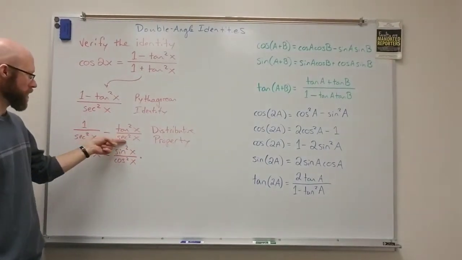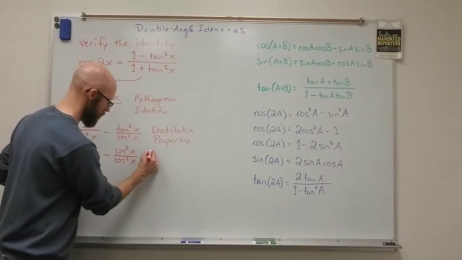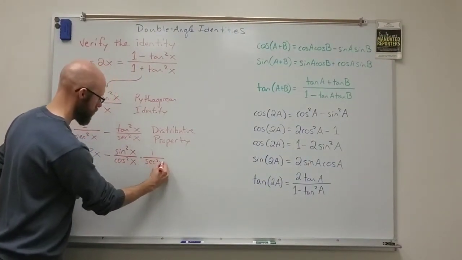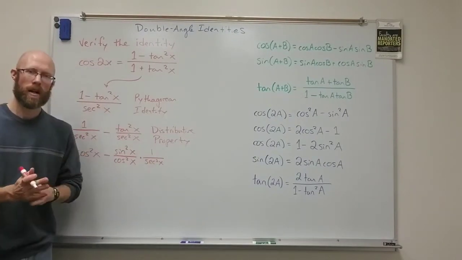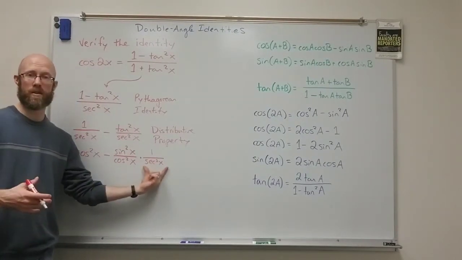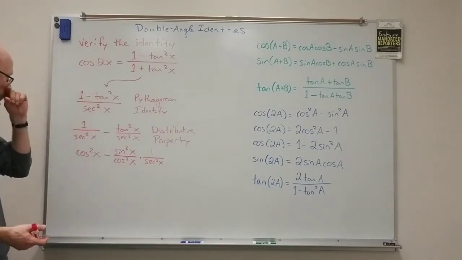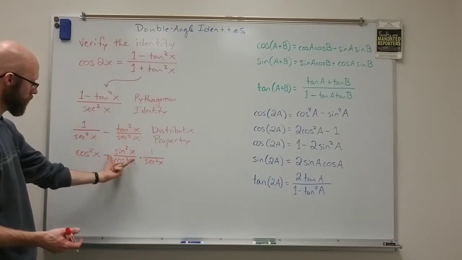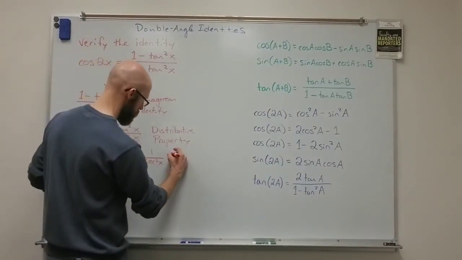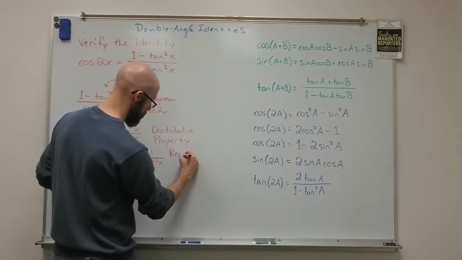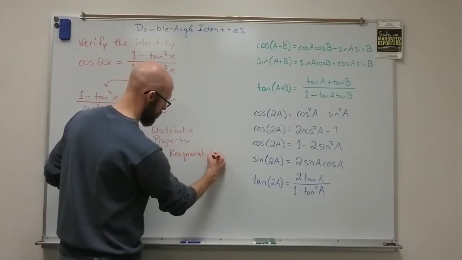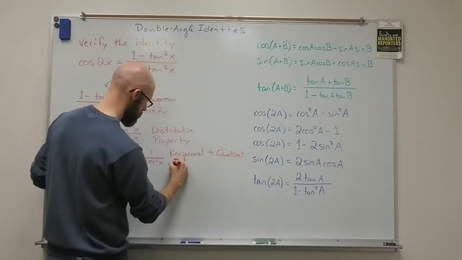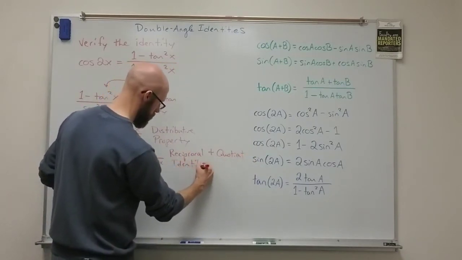We're then dividing by the secant squared, or multiplying by 1 over the secant squared. Now the 1 over the secant squared is the same as the cosine squared. I should probably write a reasoning for this. This was using a reciprocal identity and a quotient identity. So it's two things in one: reciprocal and quotient identities.